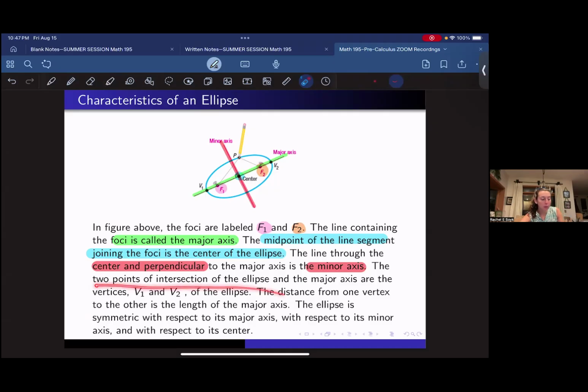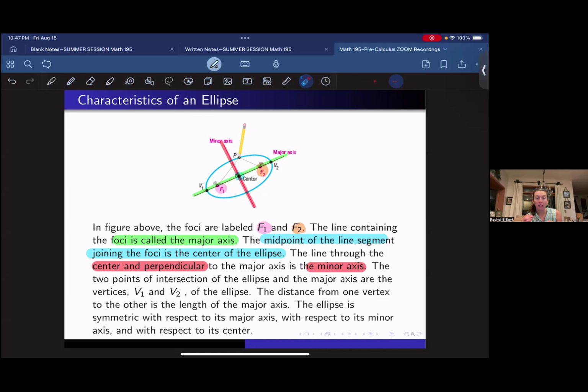And then the two points of intersection of the ellipse and the major axis are known as our vertices. So think about parabolas or absolute value functions. That vertex point is where the direction is changing from either increasing to decreasing or vice versa. Well, a very similar concept is applied to ellipses.